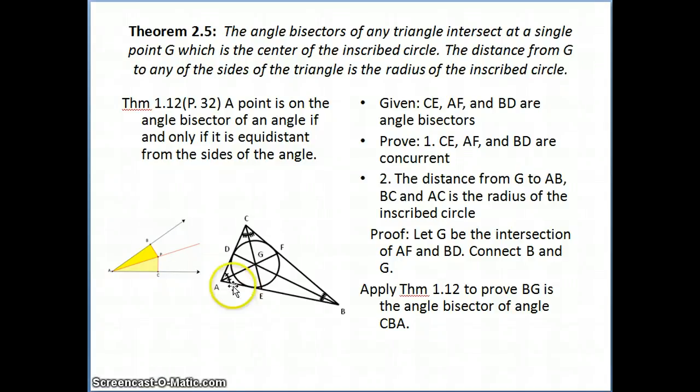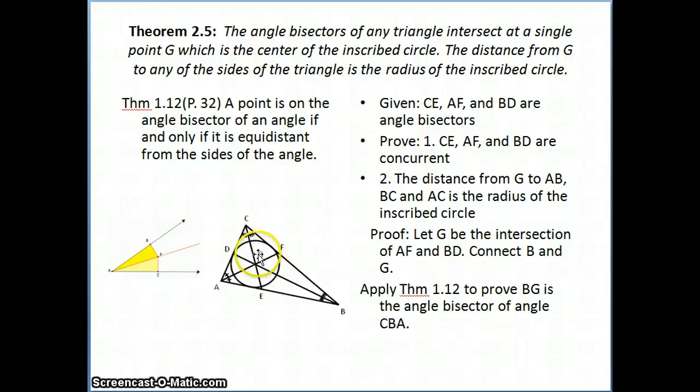A median means we take the middle point of each side and join the opposite vertex, so we get 3 medians, and we proved in theorem 1.32 that these 3 medians are concurrent. We also proved that the distance from the intersection point to each vertex is 2/3 of the length of the median.